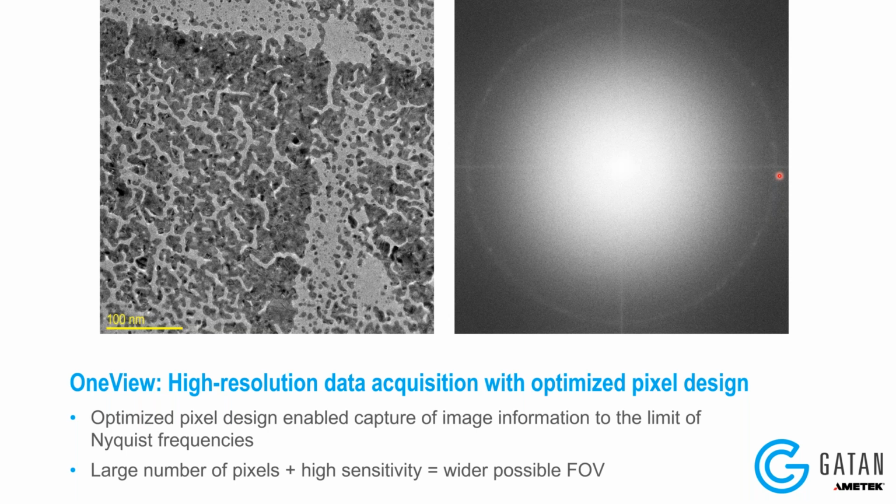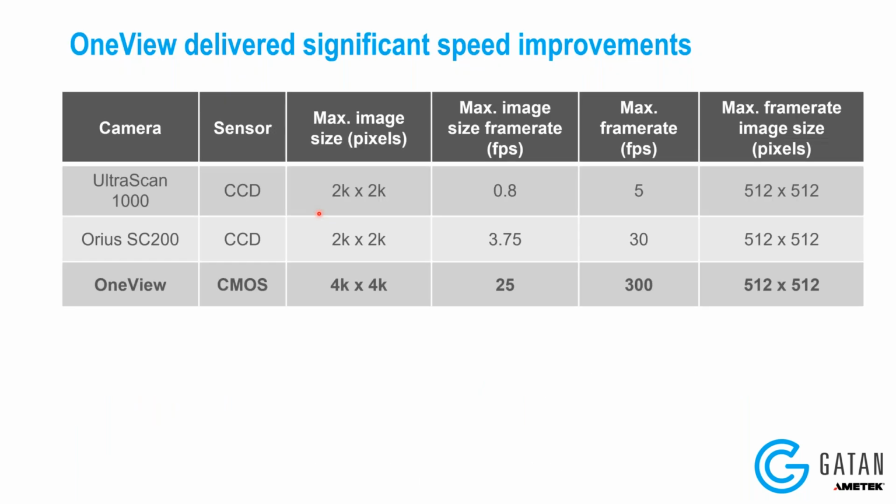And so this meant that you could acquire images with a large field of view that were still high resolution, both in information that you could see in the FFT and also information that you could see in the image itself. And so this was another big advantage in general of moving to this newer sensor design.